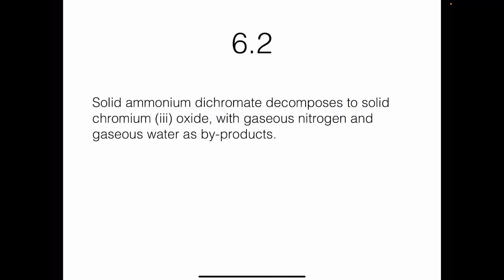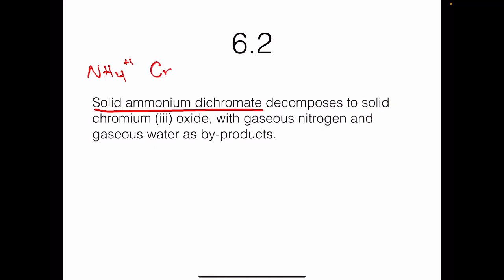Here's another one. Take a minute. So the first thing they tell us is solid ammonium dichromate. We know ammonium on your polyatomic ion list. This is the only polyatomic cation that we have. NH4 with a +1 charge. We have dichromate, which is also on your list.